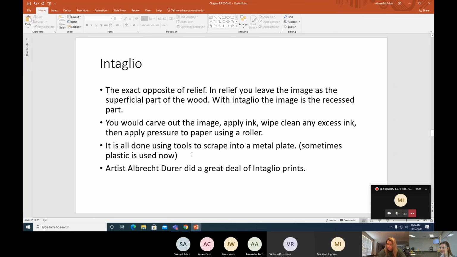We see intaglio prints pop up a lot during the Renaissance period, particularly in the Northern Renaissance. And a lot of artists in that area use them. For example, Rembrandt van Rijn and Albrecht Dürer both took advantage of the intaglio print method.